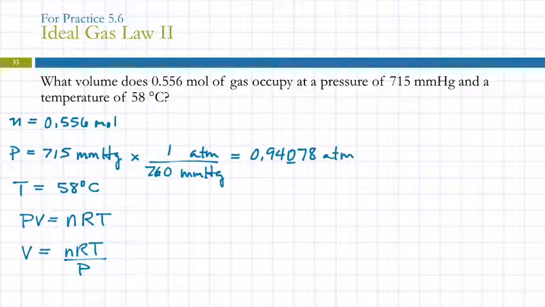Temperature, 58 degrees Celsius. Is that going to work? No. So let's convert that to Kelvin by adding 273. If you want to do the 273.15, I'm all for that. But like I said, I'm feeling lazy this semester. That's going to give us 331 Kelvin.